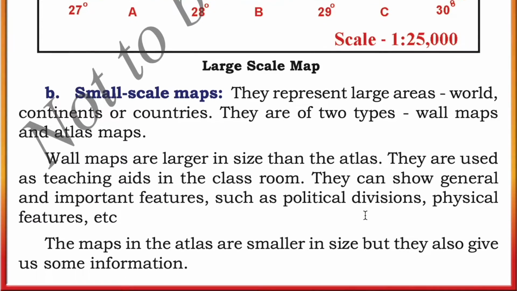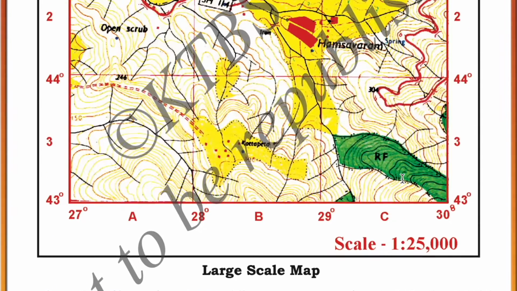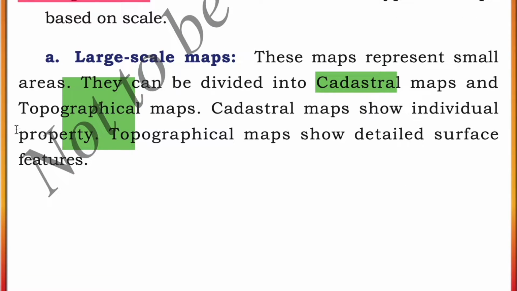Coming down to small scale maps, they represent large areas such as the world, continents, or countries. We observed in large scale maps that there are two types: cadastral maps and topographical maps.